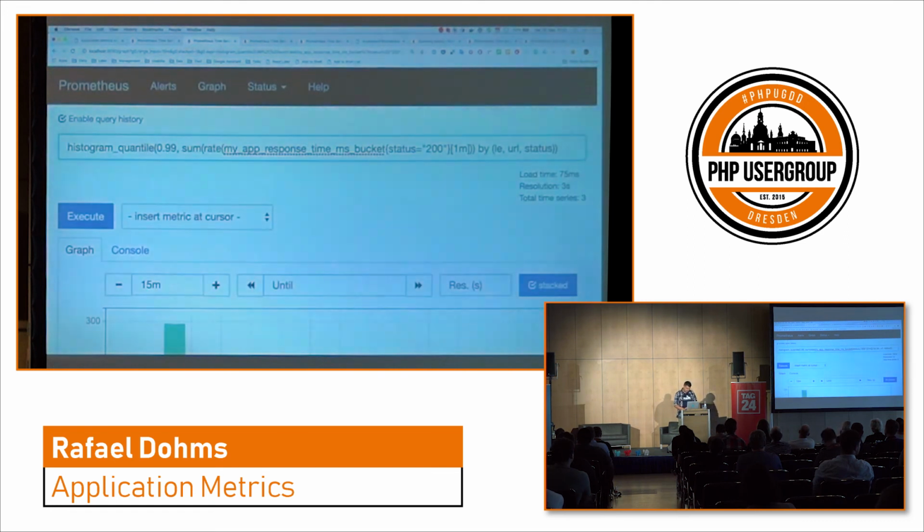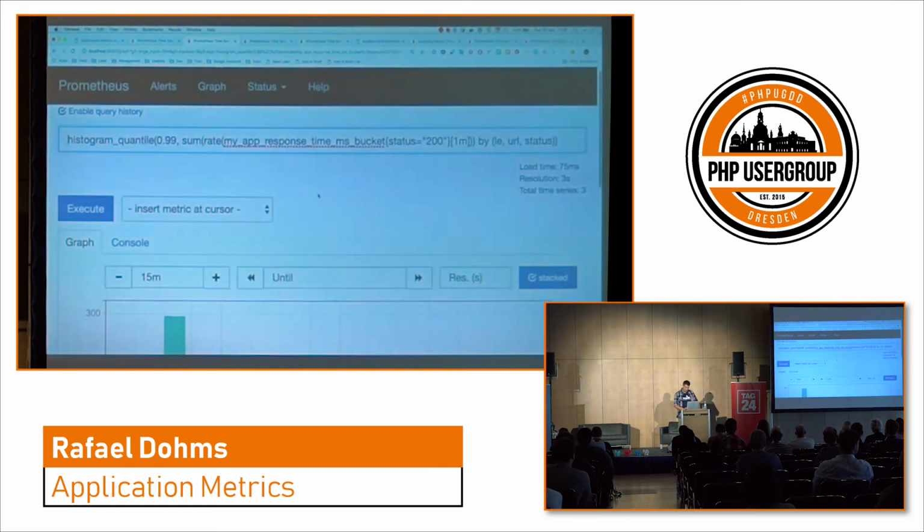Let me see what I have. So here I'm trying to calculate the percentile. This is one of the more complex things. So I'm doing a rate of the response time for all the 200s over a minute. So it kind of simplifies that metric. Then I'm doing a sum of all those rates, and I'm trying to get the representation of it in 99% of the time, the 99th percentile.